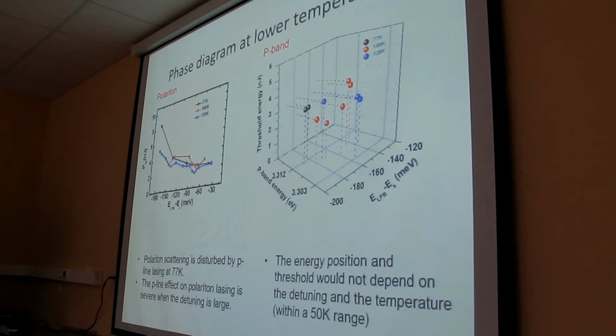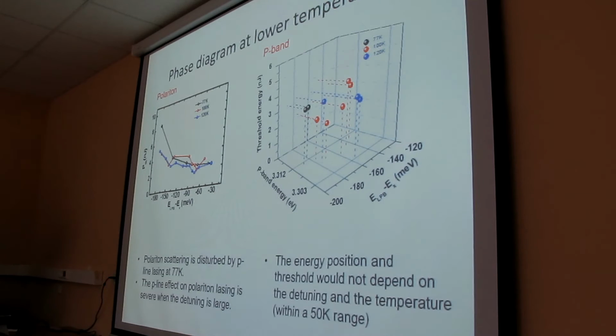But after that, the p-band effect will be suppressed. So in the temperature range from 77 Kelvin to 120 Kelvin, the p-band effect will be much stronger than at high temperature. So in fact, at lower temperature, the population of the p-band may be stronger than the lower state. Yes, that's it.